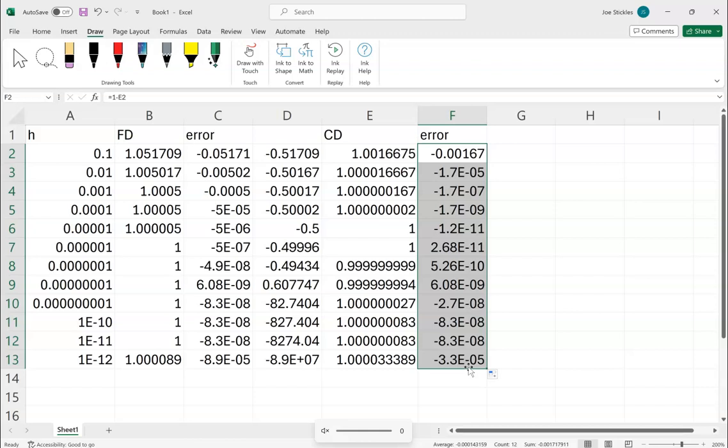It was fixed on a certain number of decimal places that it was showing. So if you go to format cells and change it over to general, that should take care of it for you. For some reason, it must have been locked into a certain number of decimal places to show, which is why you couldn't see anything. Anybody else having that issue?